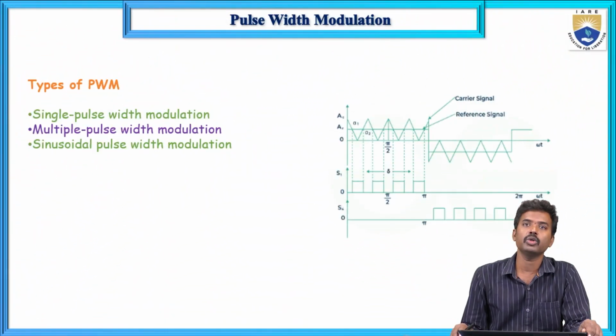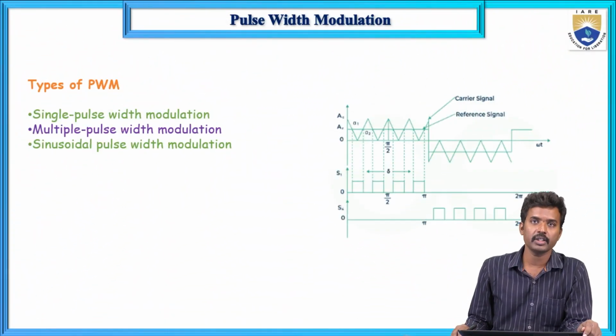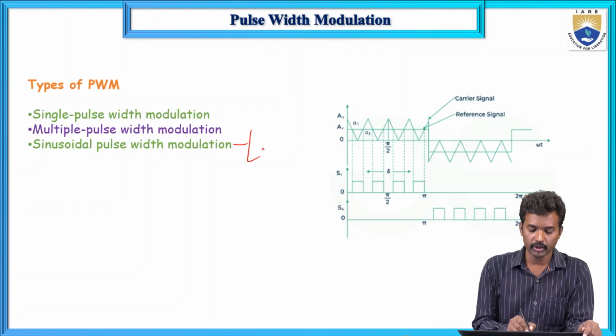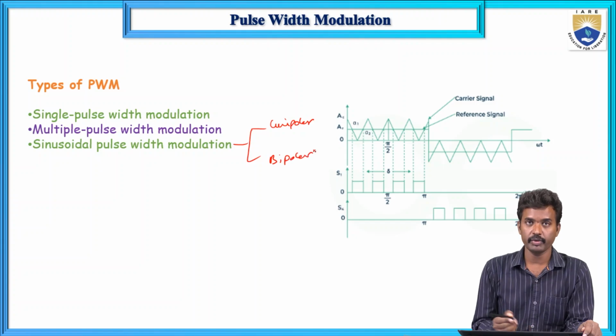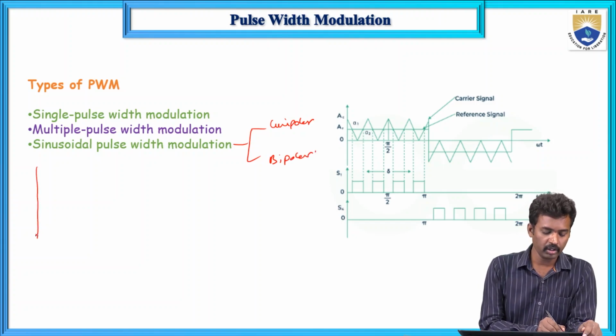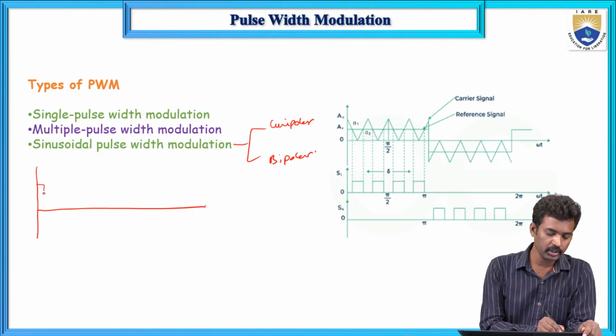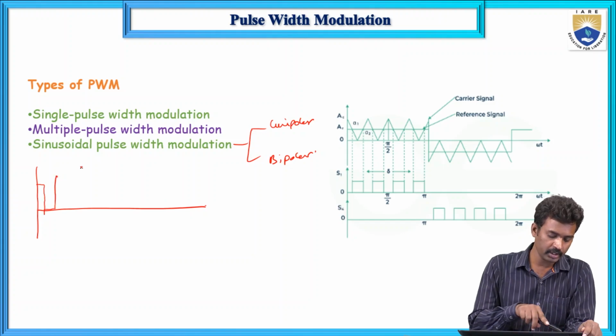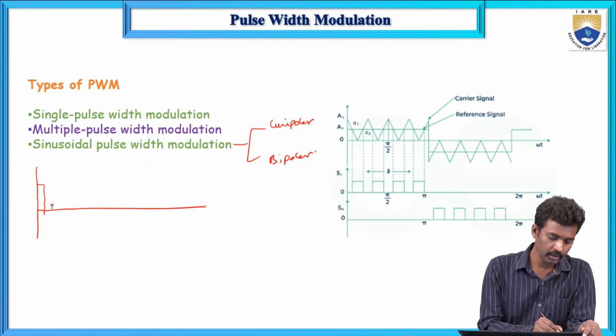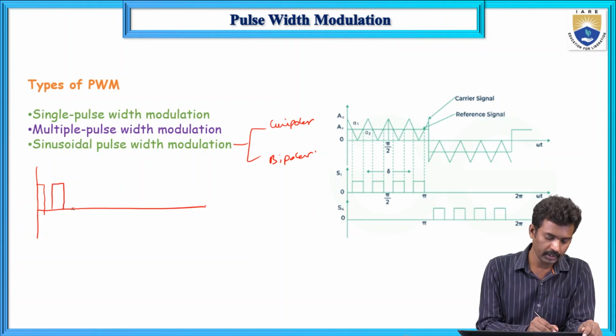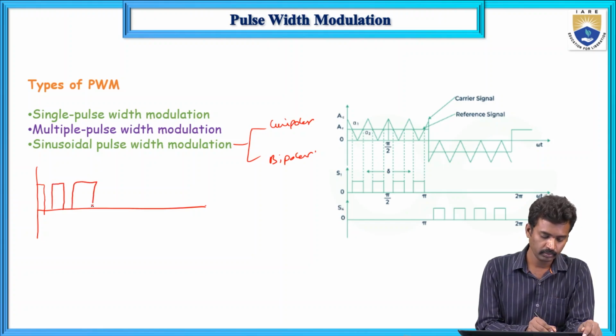Now, what about sinusoidal pulse width modulation? In this there are again unipolar and bipolar pulse widths. I will draw the unipolar and bipolar. We increase the pulse, increase some pulse and again decrease, and again decrease.